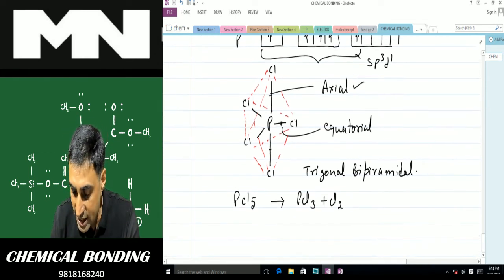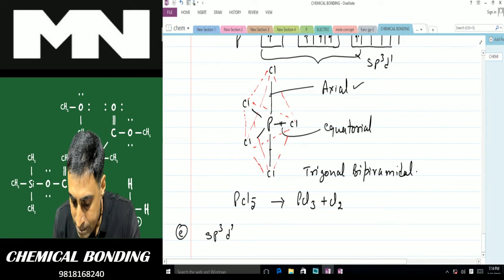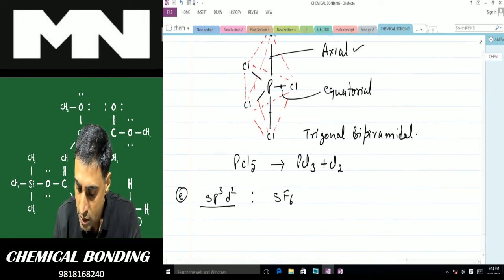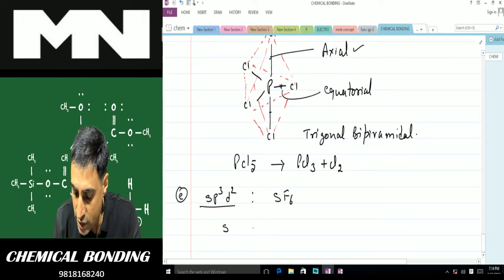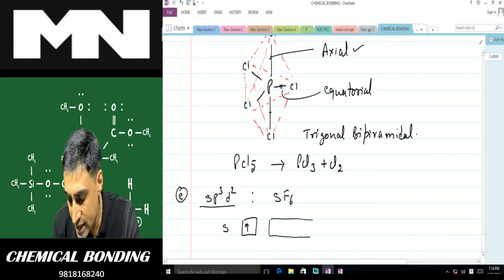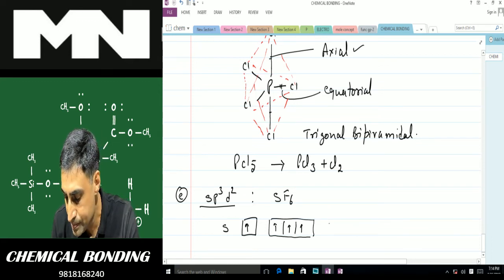Next we'll see another hybridization, that is sp3d2, and the compound is SF6. Let us have a look at the electronic configuration of sulfur. It has 2 electrons in the S and 4 electrons in the P. 1, 2, 3 and the fourth one is here.